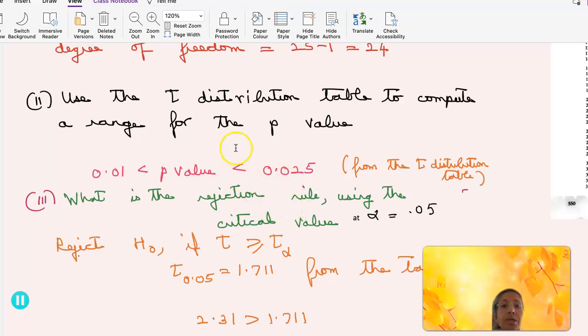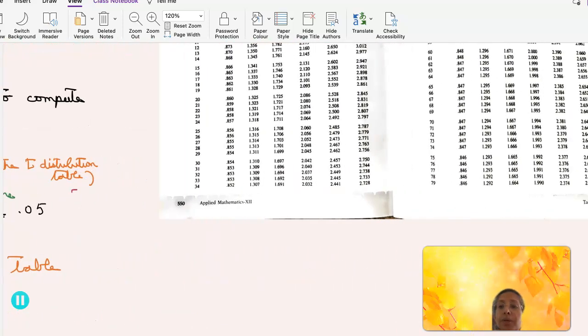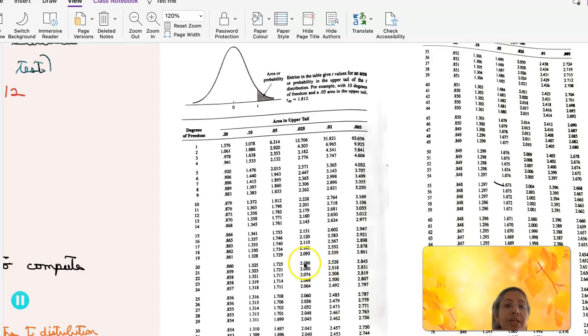And this is the rejection rule using the critical value at alpha 0.05. So using the critical value, we reject H0 if t is greater than or equal to t alpha. Now what is t 0.05? Again, if you look at the table here, you have 0.05, degree of freedom 24. T 0.05 is 1.711.